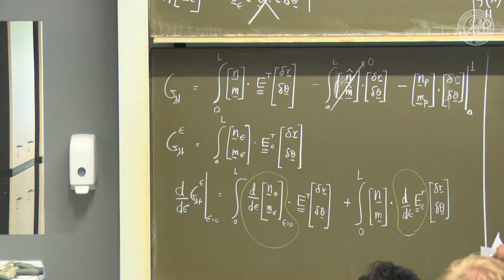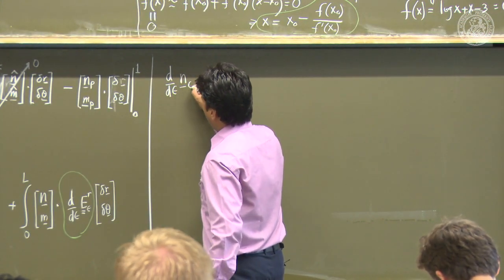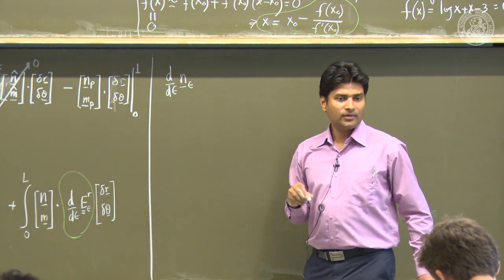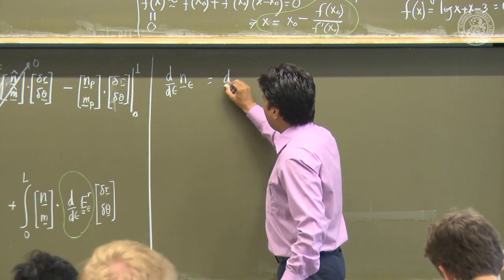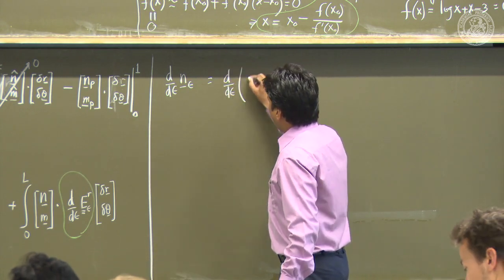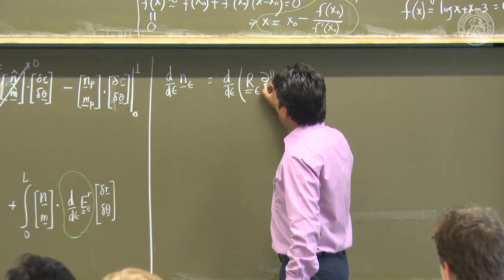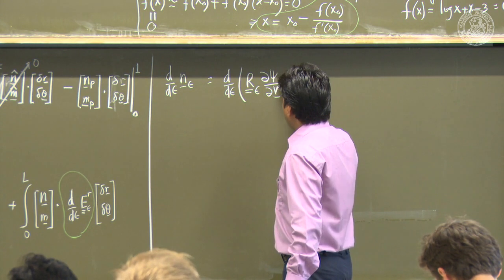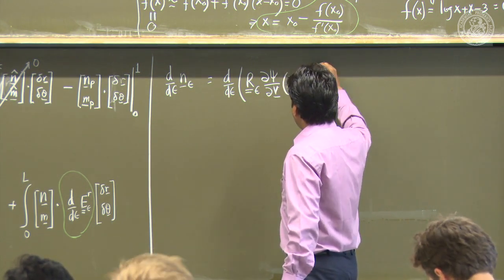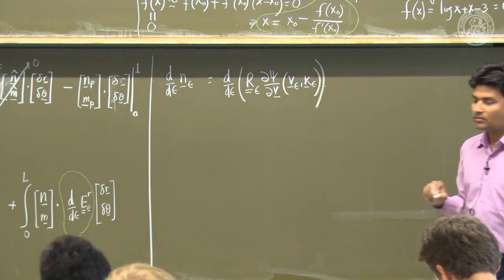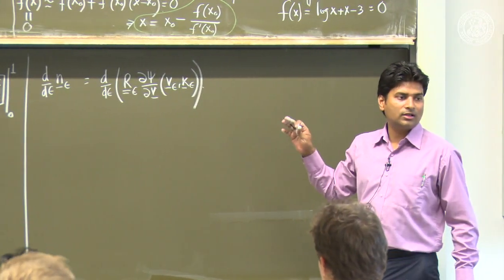So what is d by d epsilon of n epsilon? We have to expand your n epsilon. That is d by d epsilon of big R epsilon times del psi over del v at v epsilon, k epsilon. That is what this is. N is equal to R times del psi by del v, right?